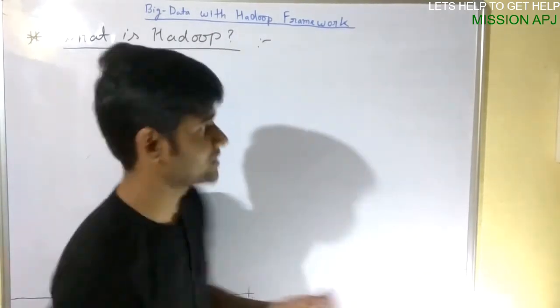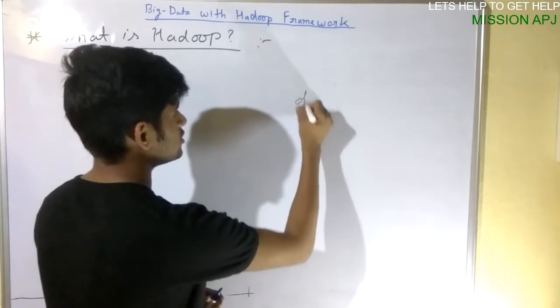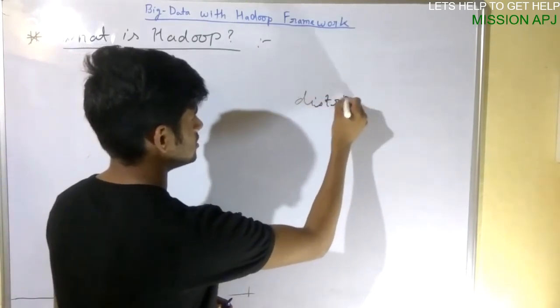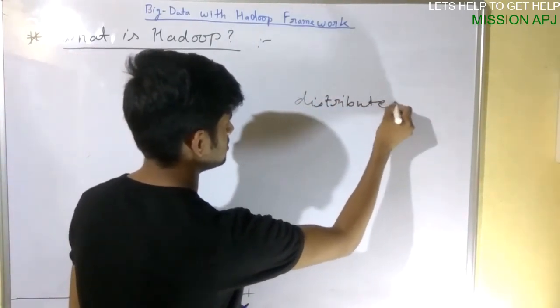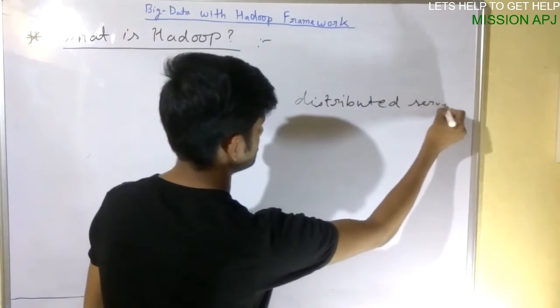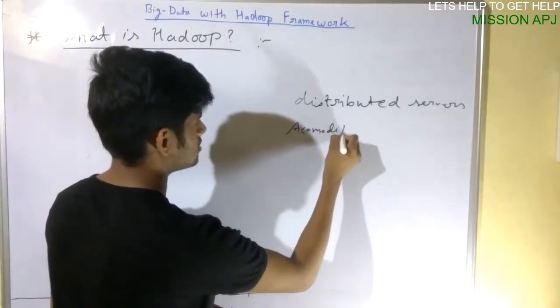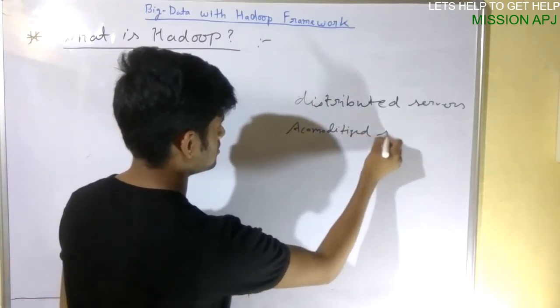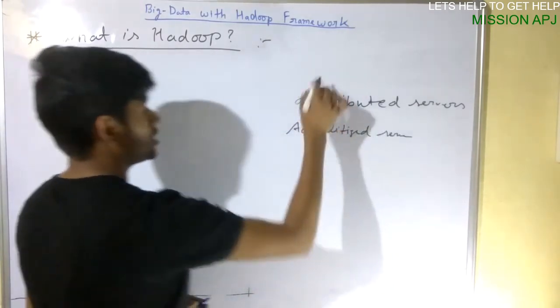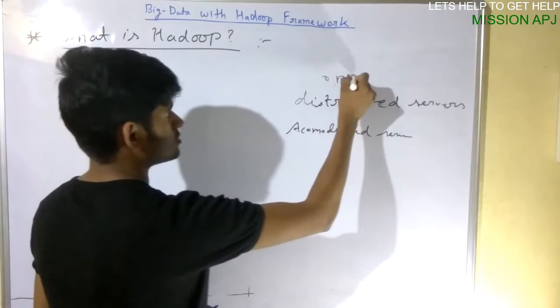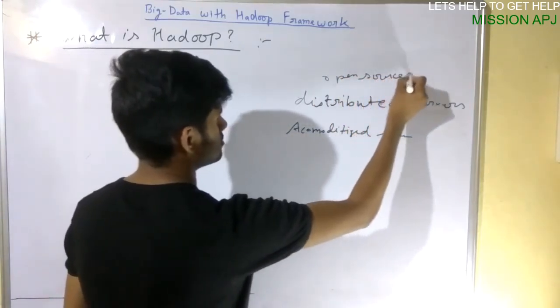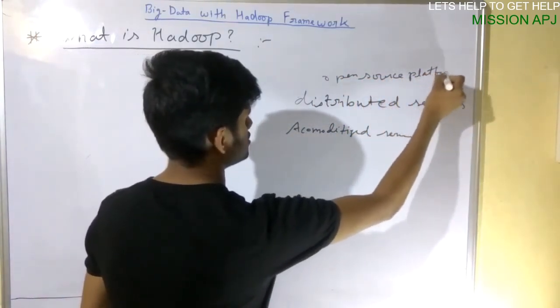Okay, let me write it: distributed servers and commoditized servers, open source platform.